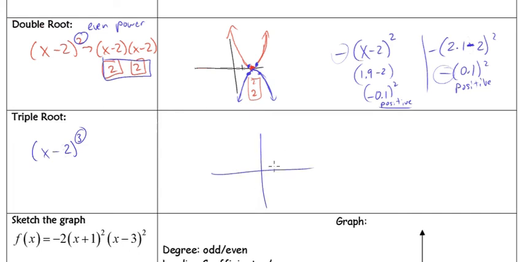We've got a root at 2, but where before it was bouncing, think if we had three roots very near each other, where it came up, headed back down, and then headed back up again, going opposite directions. We're going to have something similar to that, just all three of those roots are right at the exact same point. So the graph's going to come on up.